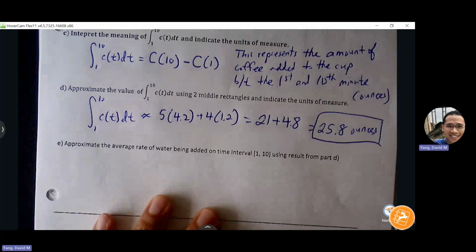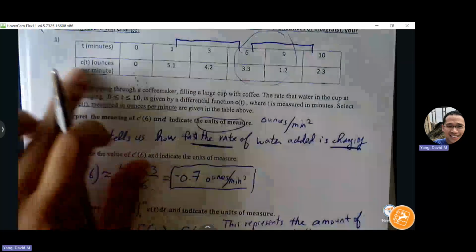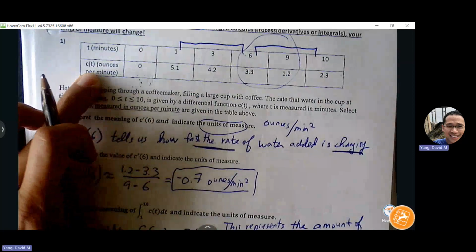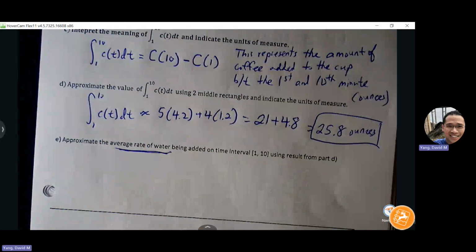Okay, find the average rate of water being added. So this is the rate of water being added. If I want to find the average value, then I can use the average value theorem, right?